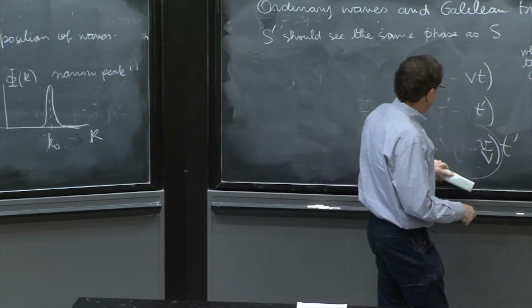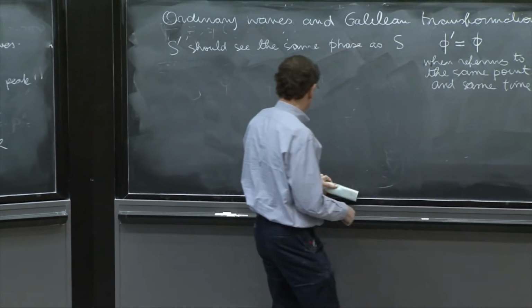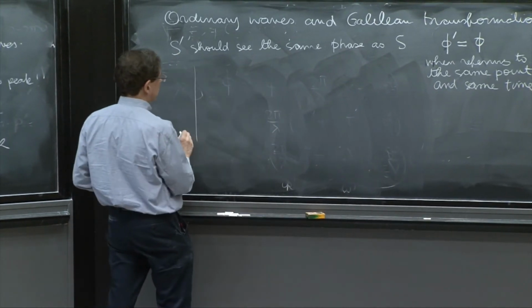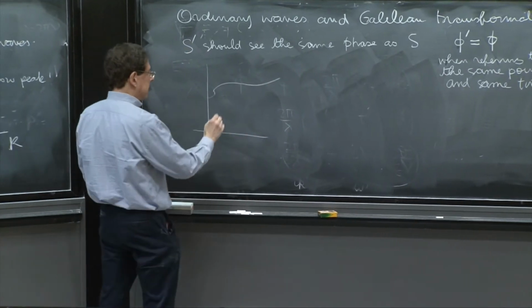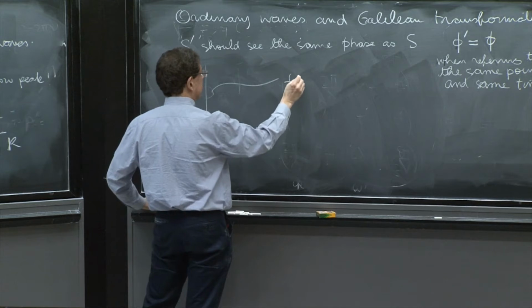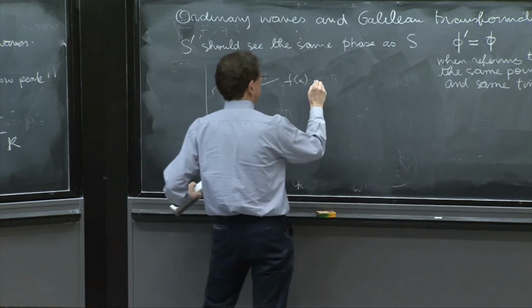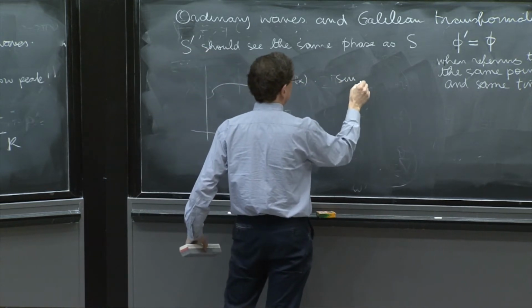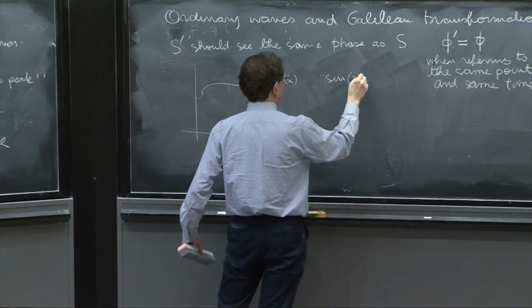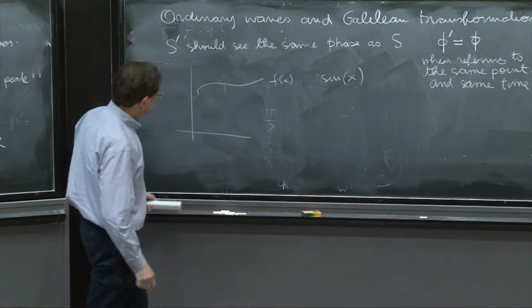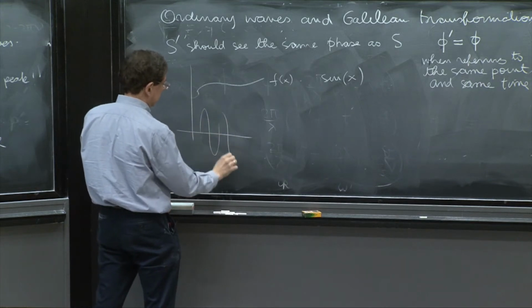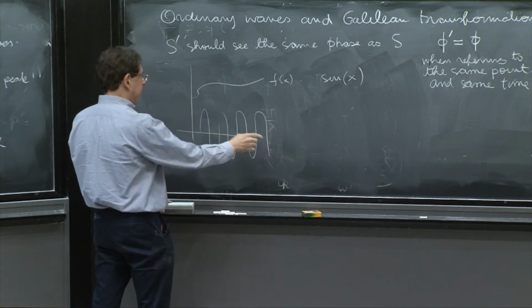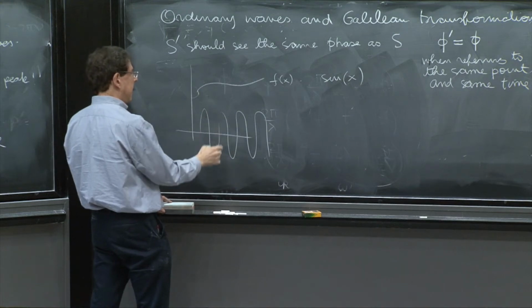If you're integrating a function f of x multiplied by maybe sine of x, well, you have f of x times sine of x. Sine is half the time positive, half the time negative.